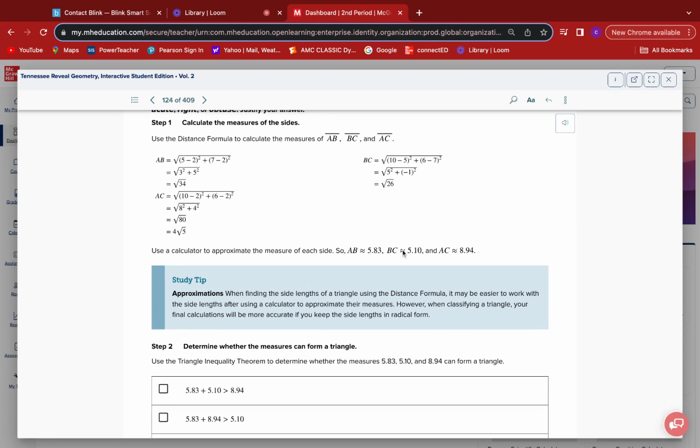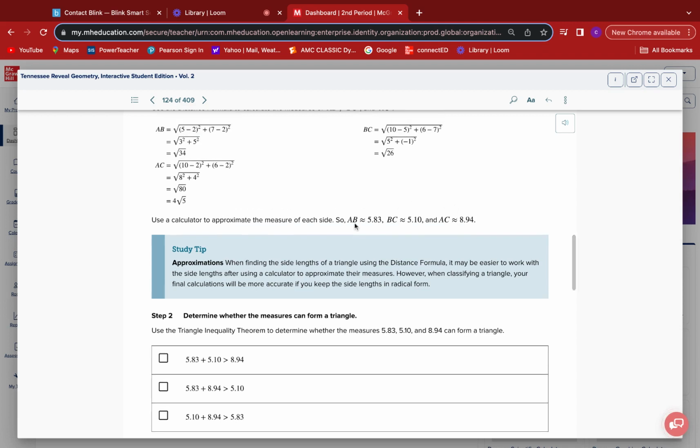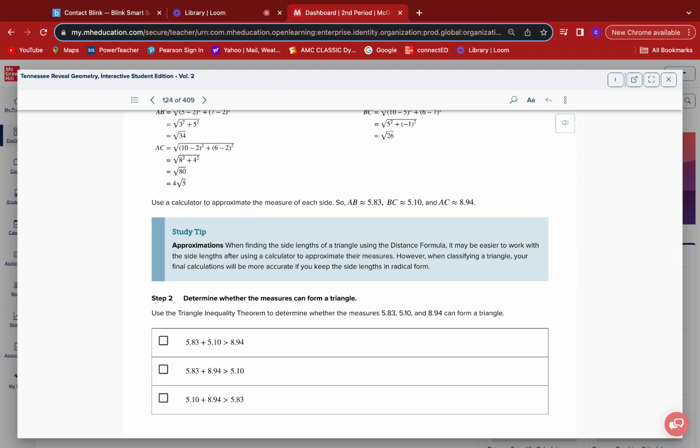The biggest is AC, and that should be your Pythagorean triple's c, the hypotenuse. AC should be the hypotenuse, which is across from angle B, because it's the biggest of the 5 and the 8. So this should be where the c goes.